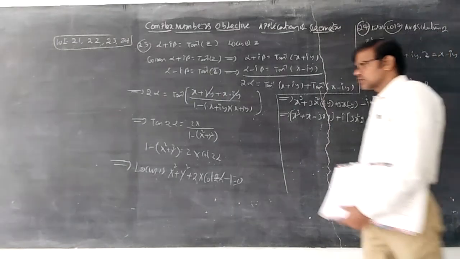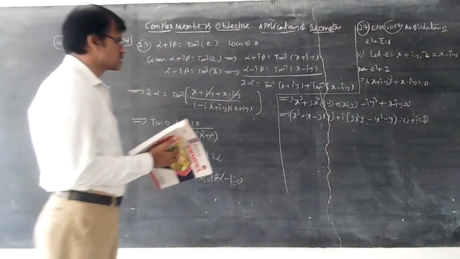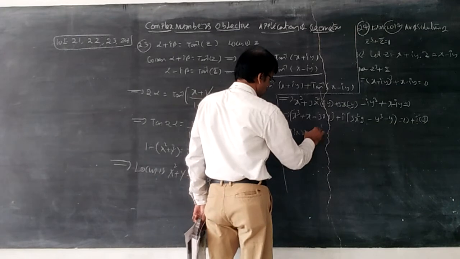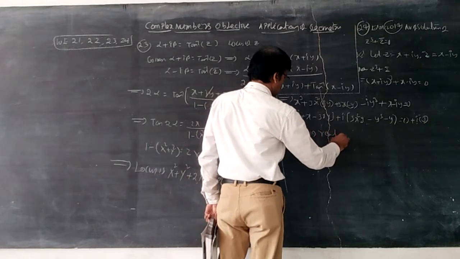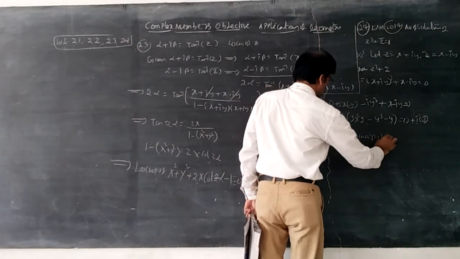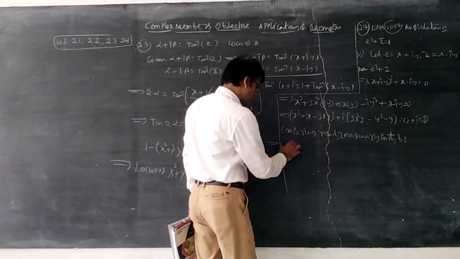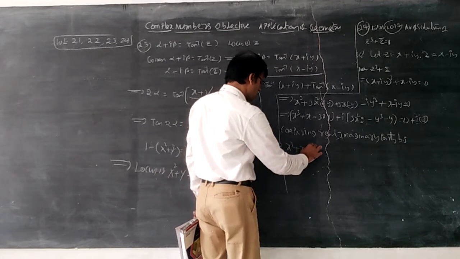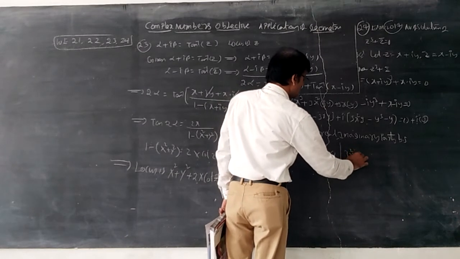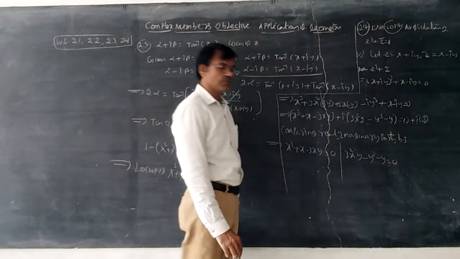Comparing real and imaginary parts on both sides, x cube plus x minus 3xy square is equal to 0, keep it aside, and the imaginary part 3x square y minus y cube minus y is equal to 0.